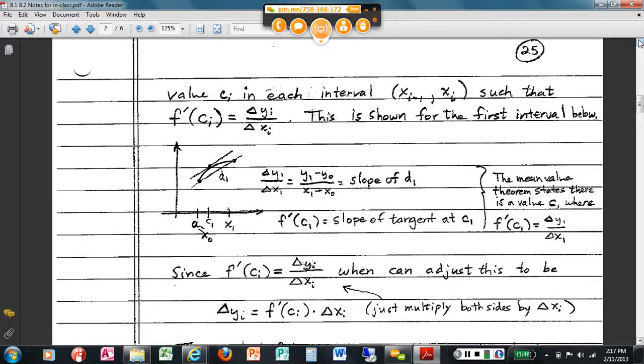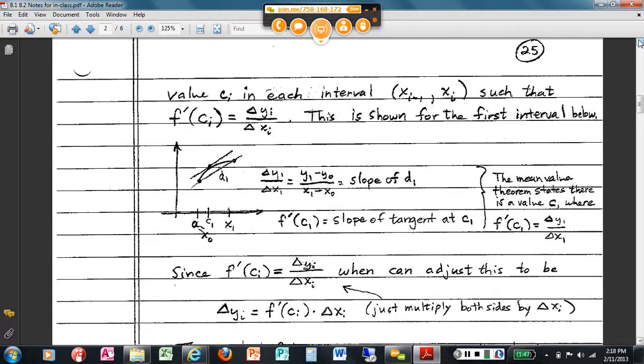Remember that? There's some c value in this interval, c1 in this case I'm calling it, that matches this slope. That's the mean value theorem. We did that way back when.